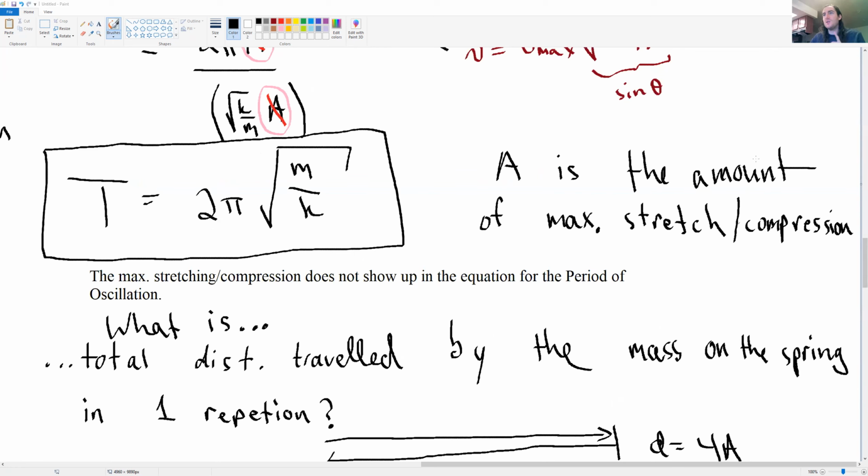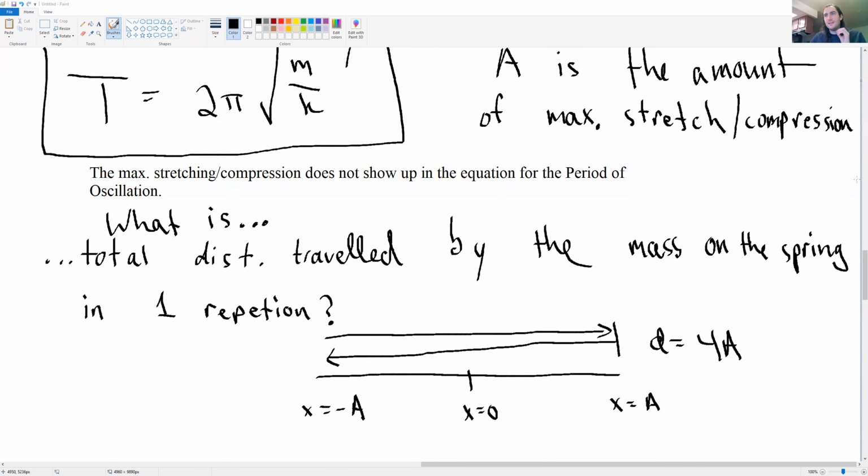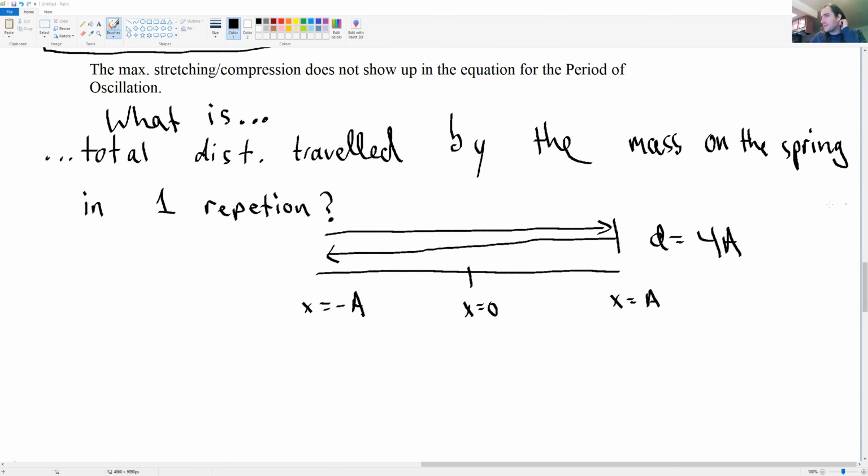The period does not have the amplitude inside the expression, but you would think if the distance traveled depends on the amplitude, it's 4 times the maximum stretching A, which I keep calling the amplitude. You would expect that if I increased A, I would increase the distance that the spring has to travel, right? And that would increase the time that it takes for the mass spring system to repeat its motion. But that's not the case.